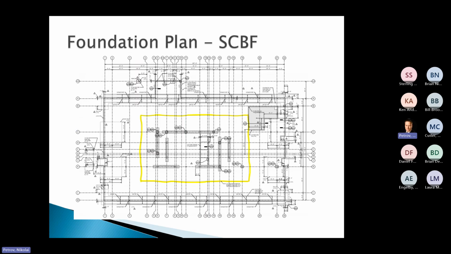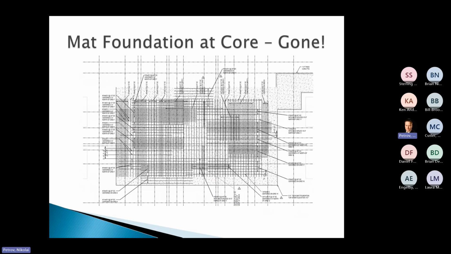Now foundations. The foundation plan for this building is crazy, okay? This yellow line shows a mat slab at the core of the building. You can see all the brace frames oriented here. And again, this is how this was actually constructed. If you go to the next slide, you can see we have a 6'6" thick central mat foundation with a little bit of reinforcing in it, as you can see from this diagram.